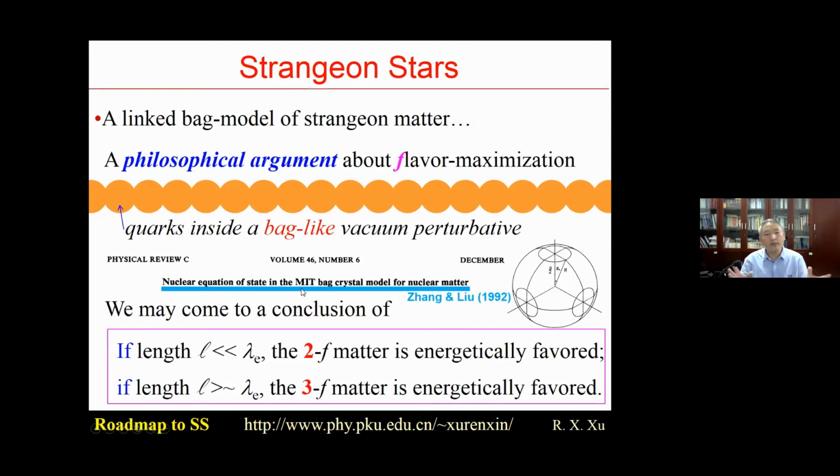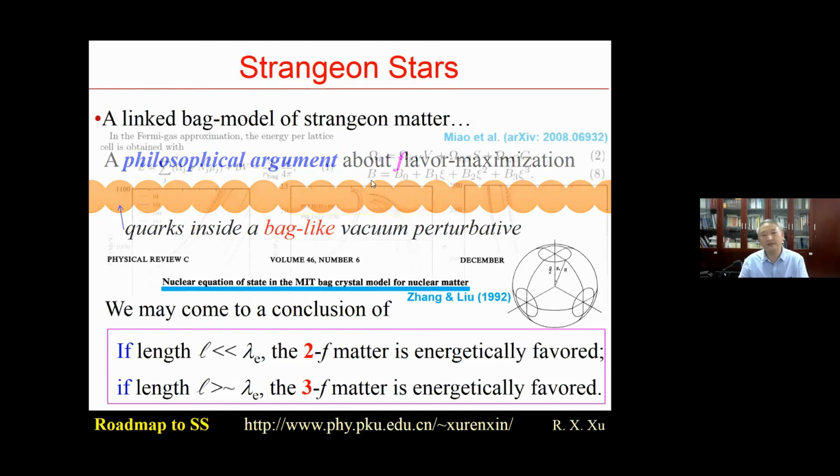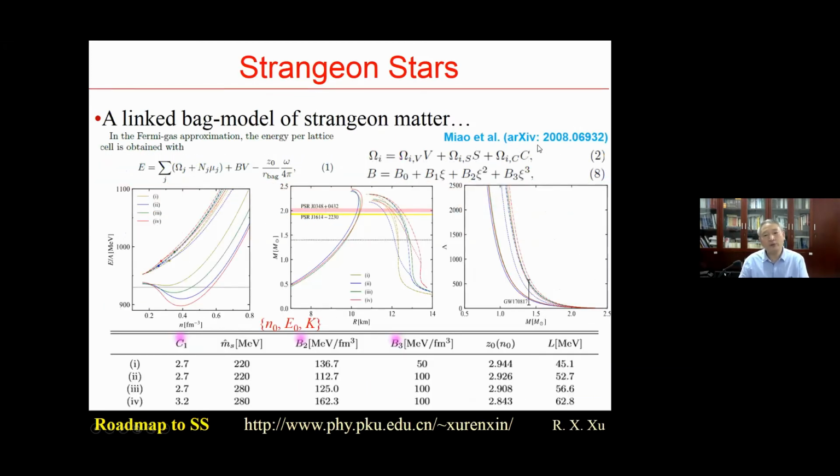For our case, we can use a simple version of this bag crystalline model. And just today, we put our calculation on arXiv. You can see this arXiv number to download this paper. We just present a simple version of the bag crystalline model or linked bag model.